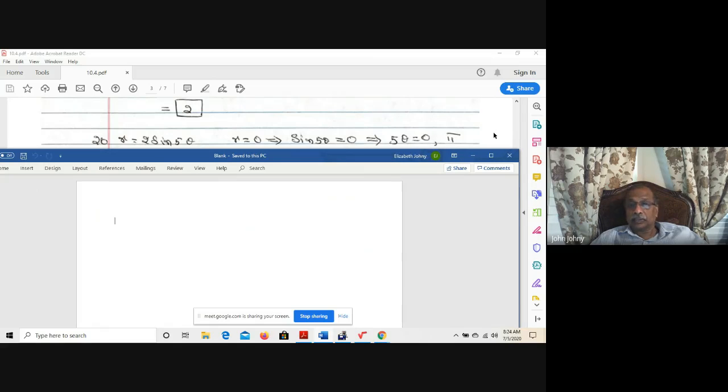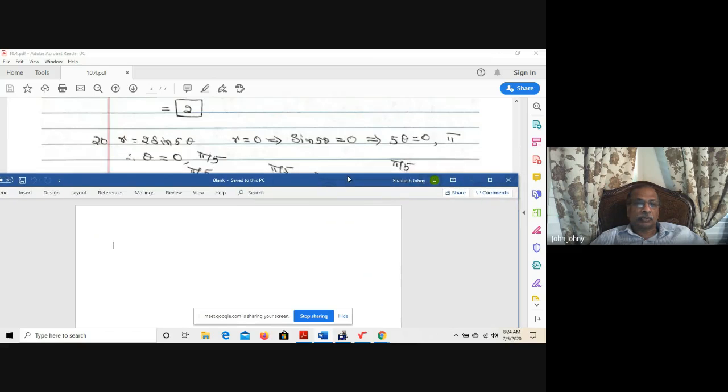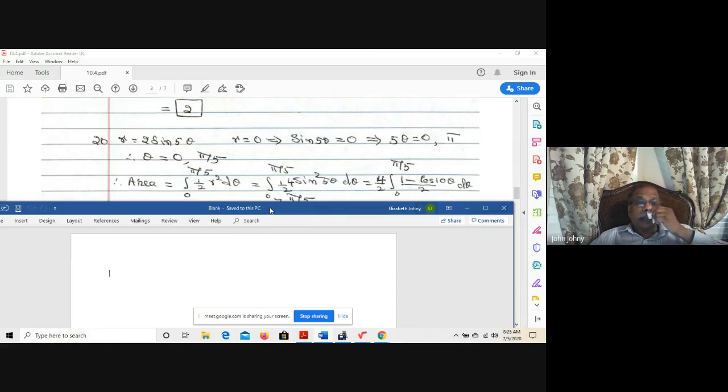These are the first two values of 5 theta. So theta is equal to 0 or pi over 5. So theta varies from 0 to pi over 5. That is for the first loop. And then the area is the integral from 0 to pi over 5 of 1/2 times r square d theta.